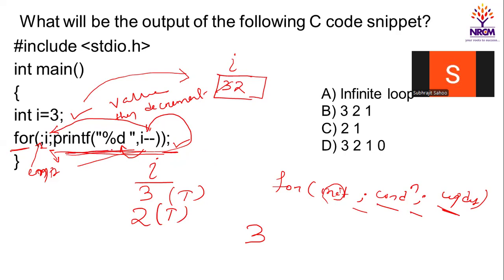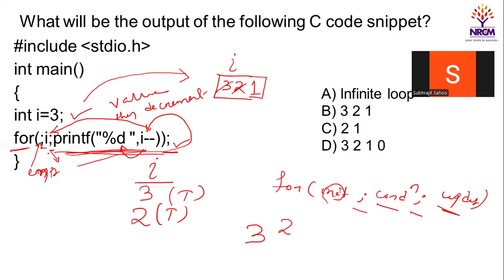So the updation statement will execute: printf("%d", i--). First the i value; right now it is 2, so 2 will be printed. Later i-- means 2 minus 1, so i becomes 1.